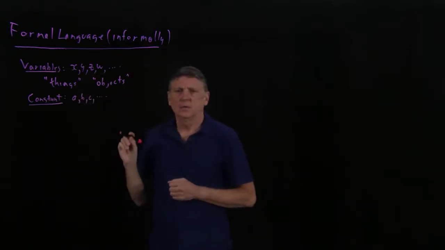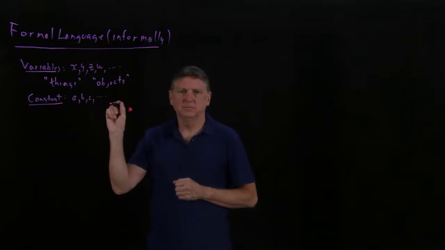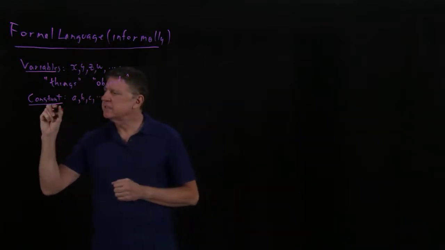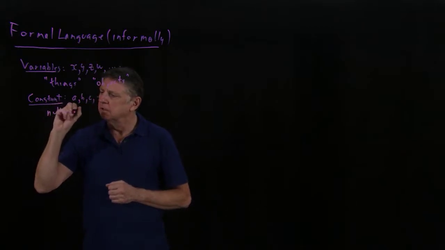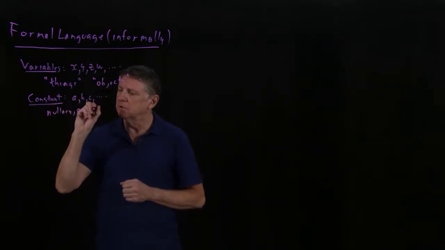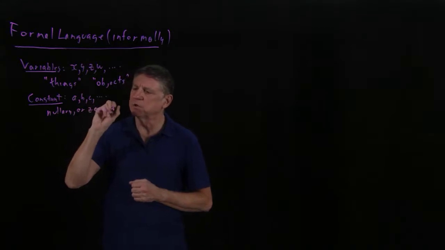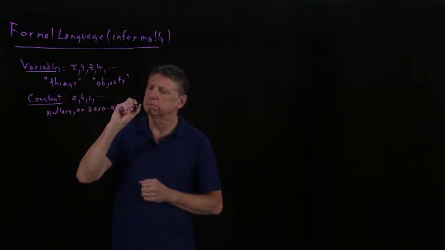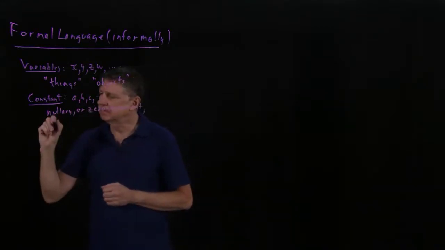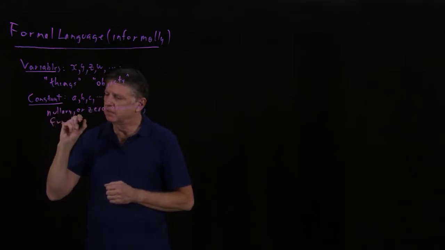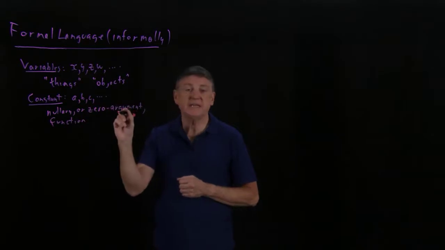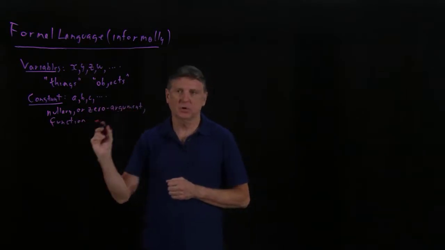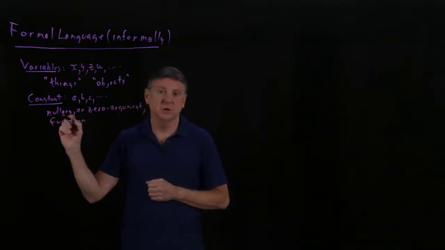And these are often written as a nullary, or you could also think of it as a zero argument function. And what that means is that it's a function that doesn't take anything in. So it has zero arguments, or we might say that it has null.